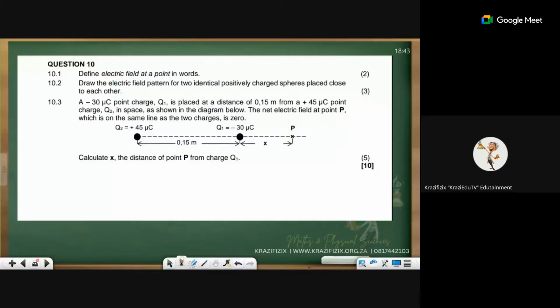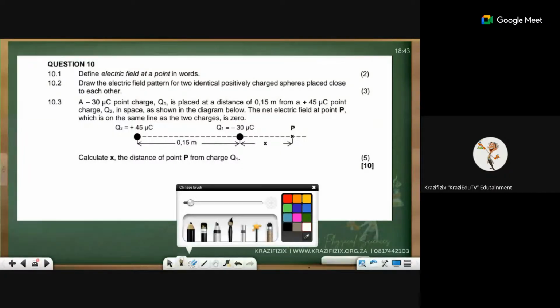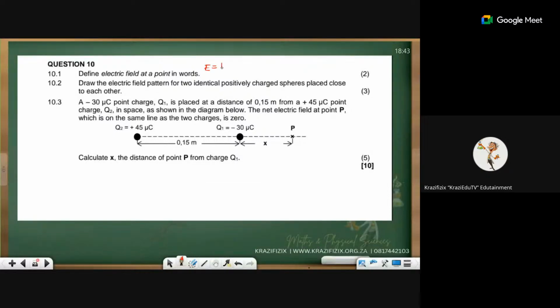But when I say electric field at a point, I am referring to the force experienced per unit charge.